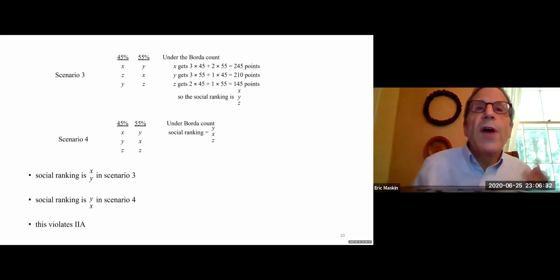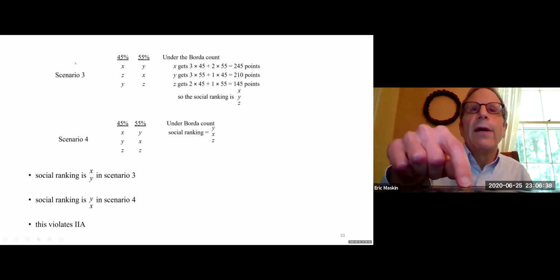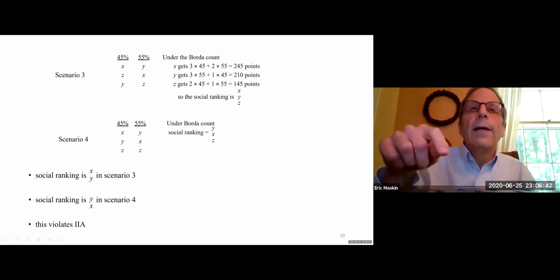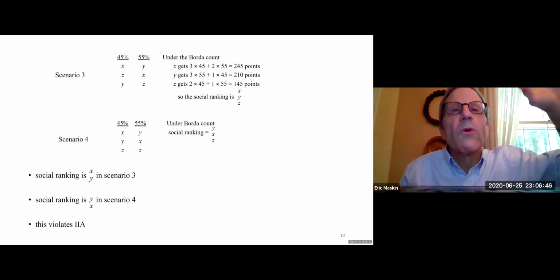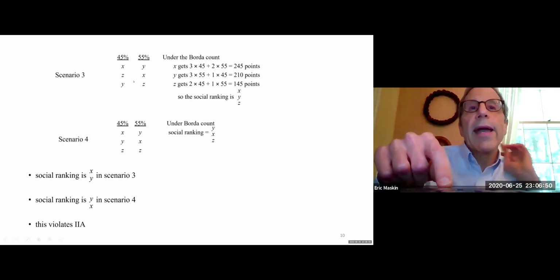This is a violation of IIA, because in going from scenario 3 to scenario 4, or from 4 to 3, the way that group one ranks X and Y hasn't changed.